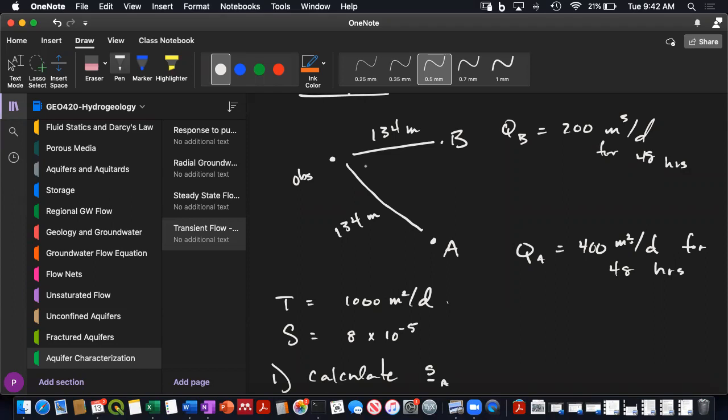So now I've got a much more complicated problem, right? I've got 2 pumping wells going at once. How can I calculate the total drawdown at this observation well? Is that okay? Because I developed this solution for only 1 well. The Theis equation considers only 1 well.